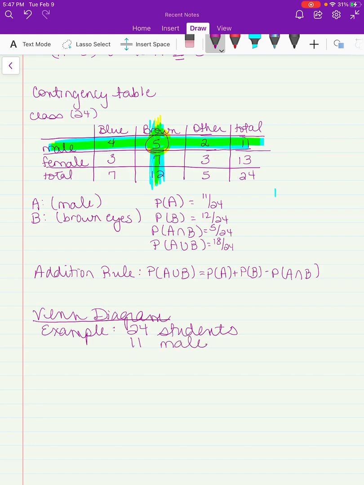We have 12 that have brown eyes. And we're not going to distinguish between blue and other. But 12 have brown eyes. And 5 are males with brown eyes.